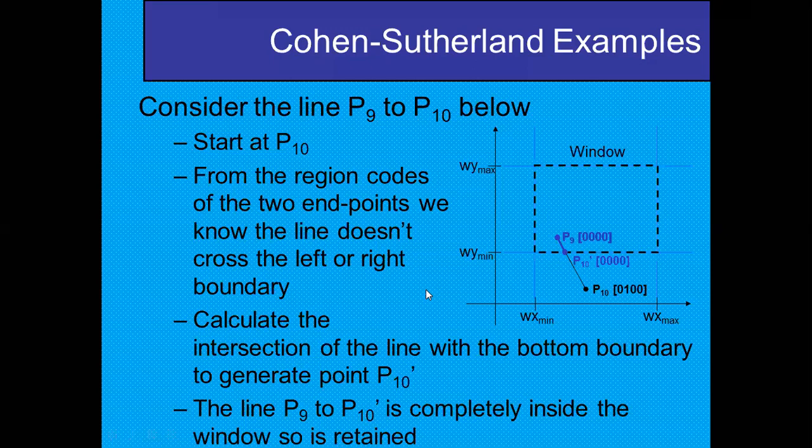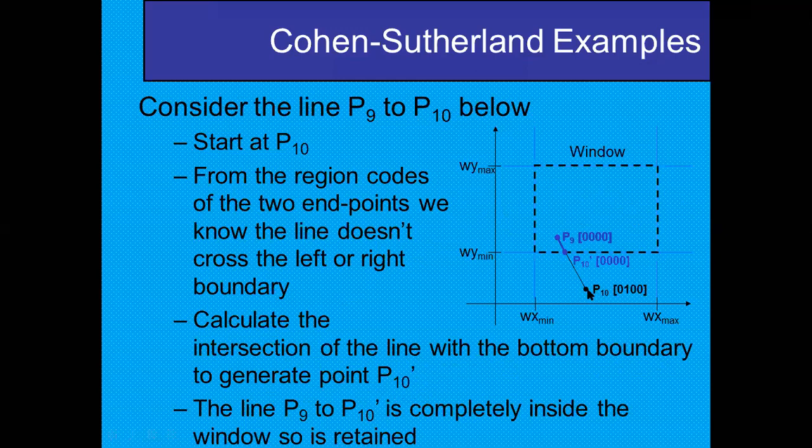So we can say that from the region codes of the two endpoints, we know the line does not cross the left or right boundary. First we will check whether the line crosses the left or right boundary, that is, whether it is crossing this boundary or this boundary. Then calculate the intersection of the line with the bottom boundary to generate point P10 dash.